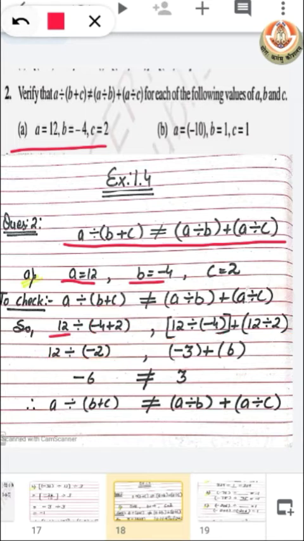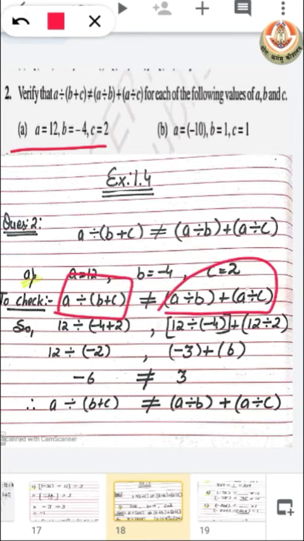Whereas on the other side, the division of 12 and minus 4 will be minus 3, and 12 divided by 2 will be 6. And when we solve minus 3 plus 6, we will get 3. That means both these sides are unequal.